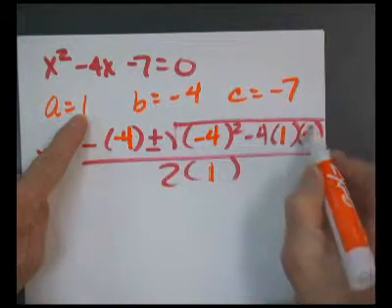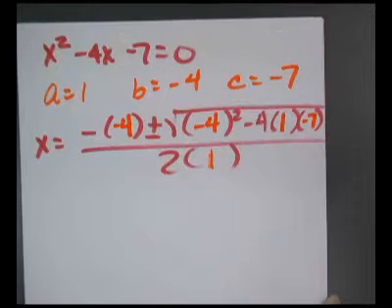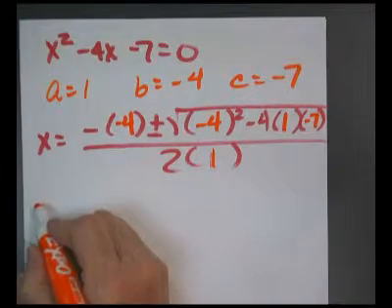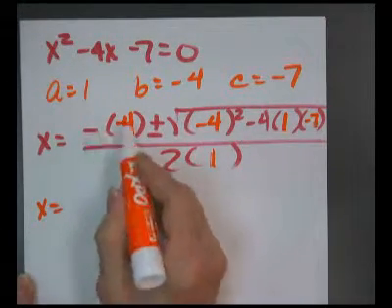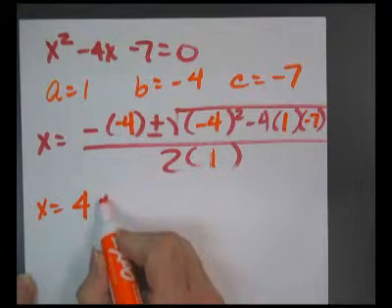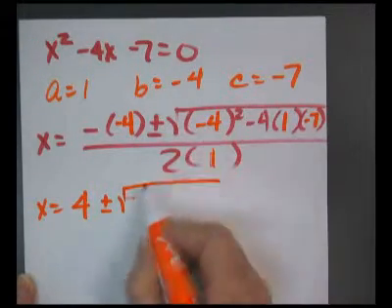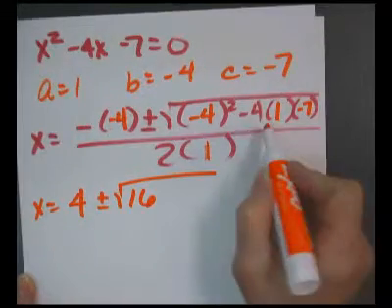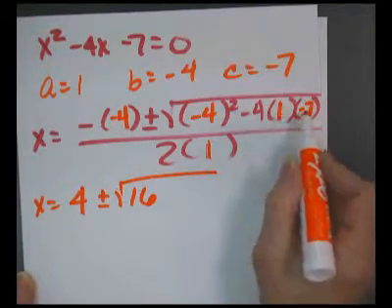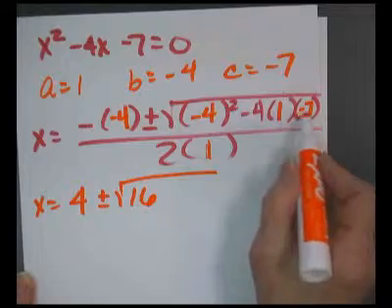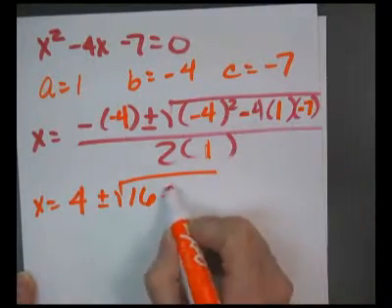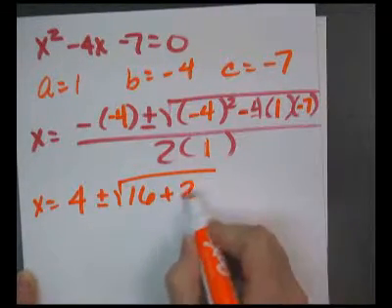C is -7. Okay, opposite of -4 is +4. 4 squared is 16. Is this going to be plus or minus? Plus, because we have two negatives, right? 4 times 7, 28.